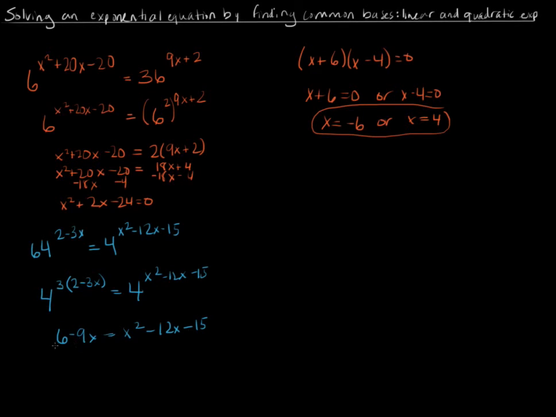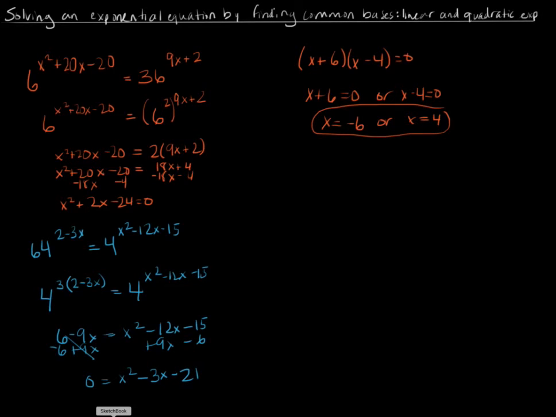And then we're going to subtract 6 and add 9x to both sides. So here, this is 0, and this is x squared minus 3x minus 21.